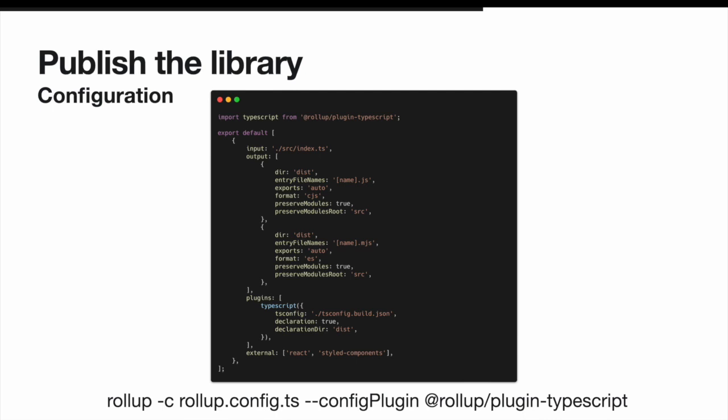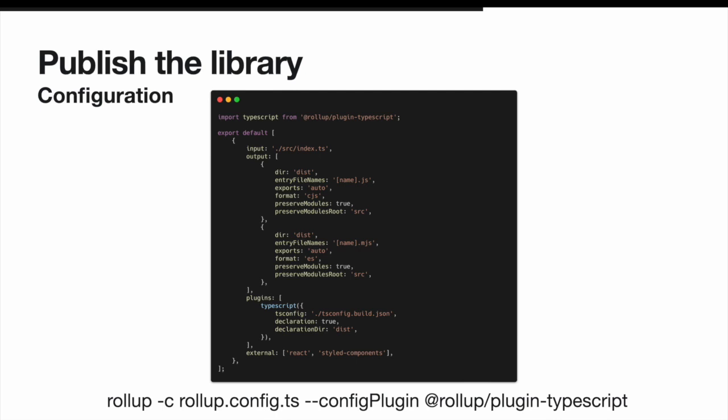The reason is when you build a library, you have peer dependencies, and in my case, React and styled-components are peer dependencies. What it means is that I don't want to bundle those dependencies with the library. It is the role of the consumer to import React and styled-components, because you don't want the same thing twice in potential conflict.